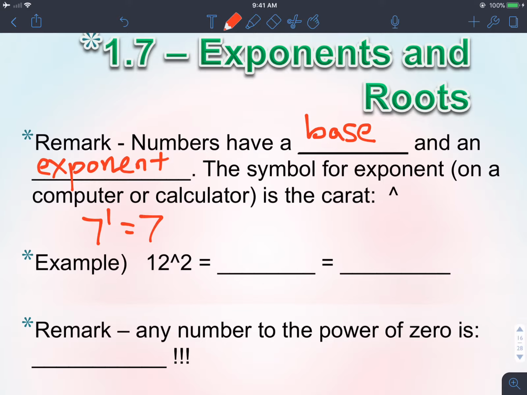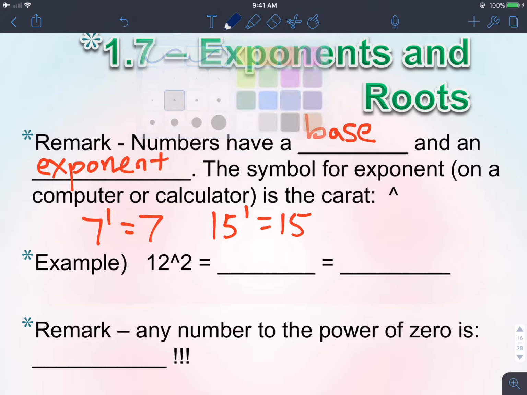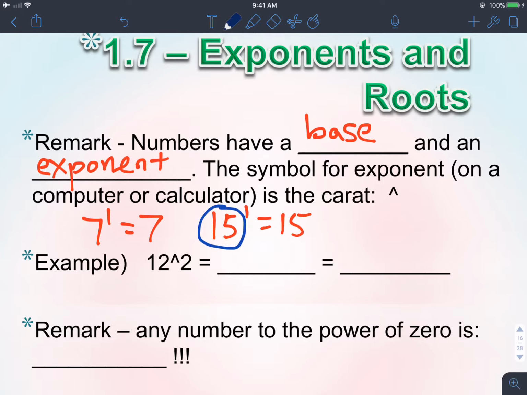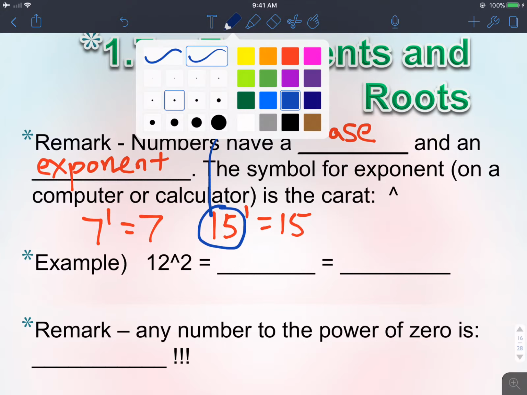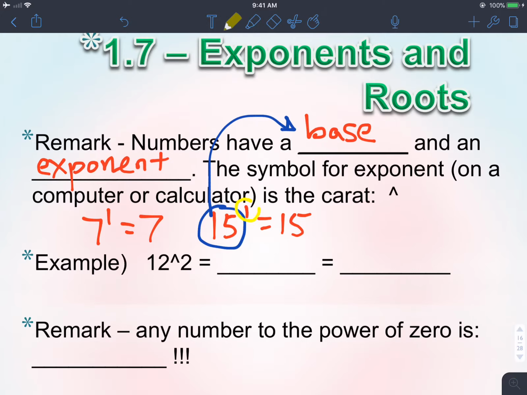So if you think about it, every number in existence always has an exponent, right? Or if I wrote 15 to the first, that's 15, in which this is called the base. This is called the exponent.